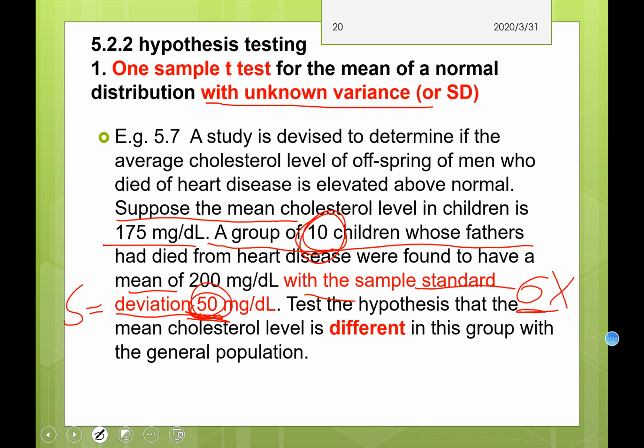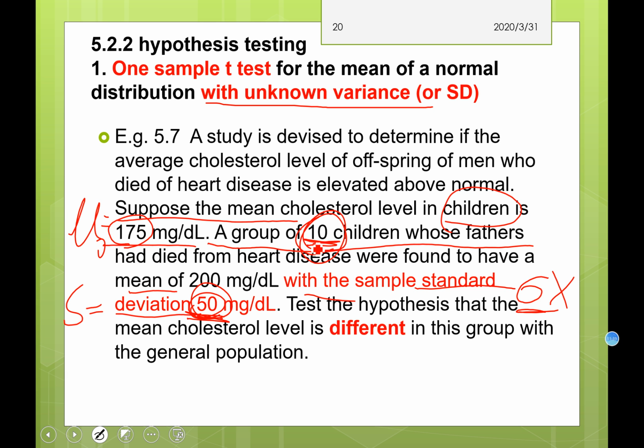Suppose the mean cholesterol level in children is 175. That means this is the mean for the children, not just for the 10 children, but for all of the children, right? So this is the population mean. So that is mu0. Mu0 equals 175.